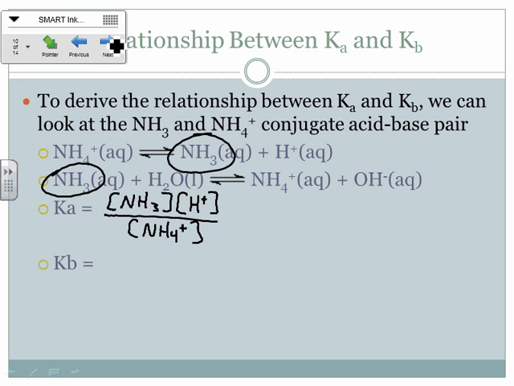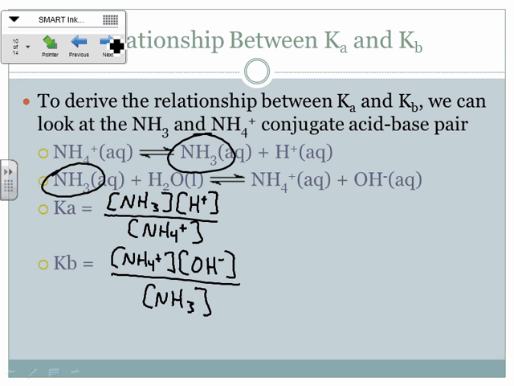But if we just put the NH3 into water, then it's going to form NH4 plus and OH minus. And so the Kb for this one is going to be NH4 plus times OH minus over NH3.